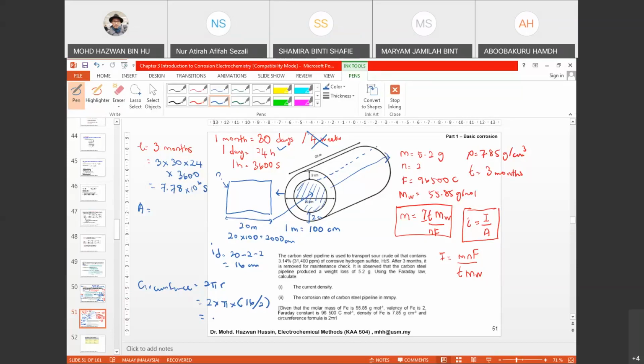So 16 multiplied by pi. What value do you get? 50.26 cm.